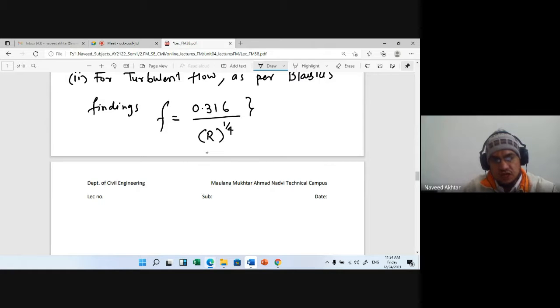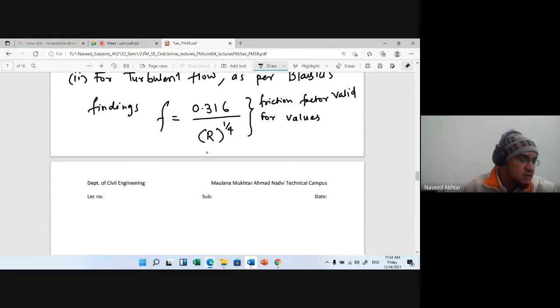And this friction factor is valid for values of Reynolds number in between 10 to the power of 4 to 10 to the power of 5.